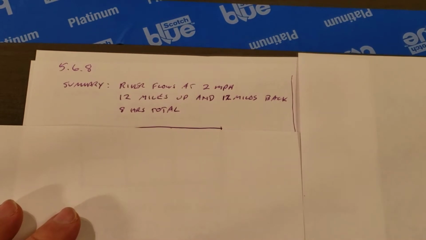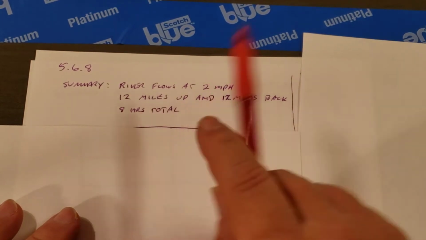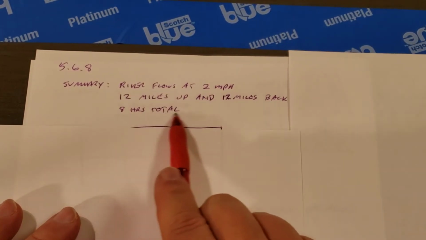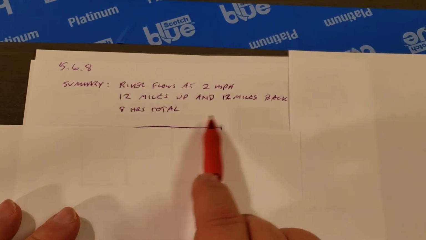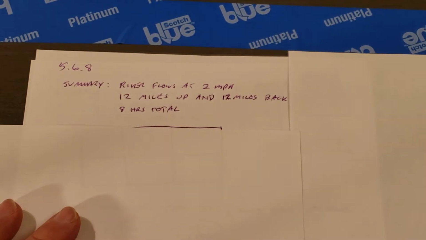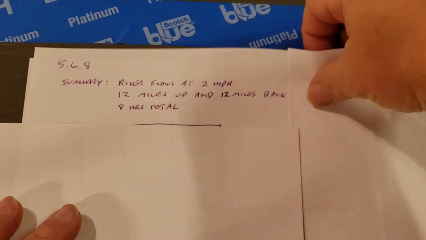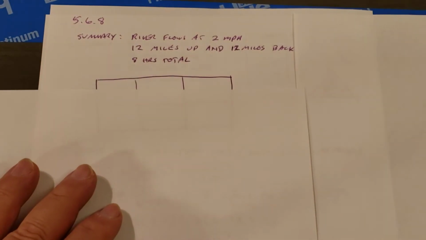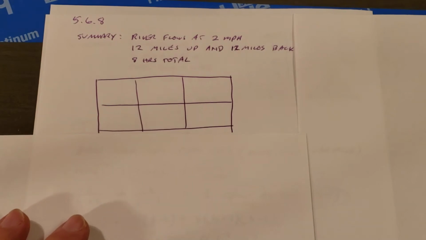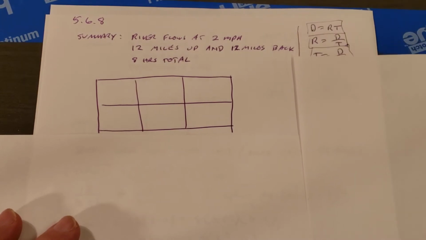So here's a summary of the problem. The river flows at 2 miles per hour. It's 12 miles upstream, 12 miles back, 8 hours total. And we have a 6-cell table waiting to be filled in. I'm going to have to explain something before I do.